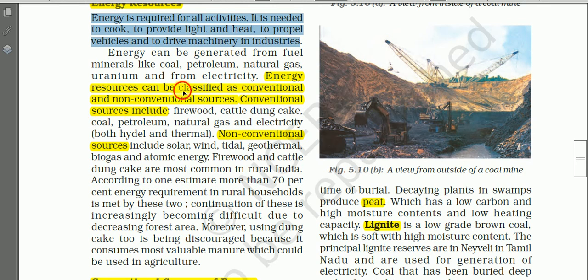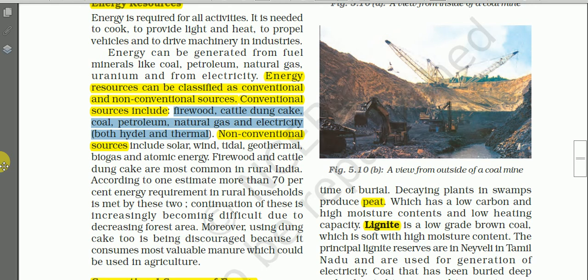So energy resources can be classified into two categories: conventional energy sources, and non-conventional sources of energy. Conventional sources include firewood, cattle dung cake, coal, petroleum, natural gas, electricity, both hydel and thermal.